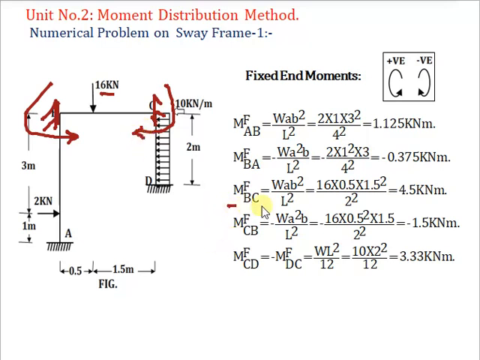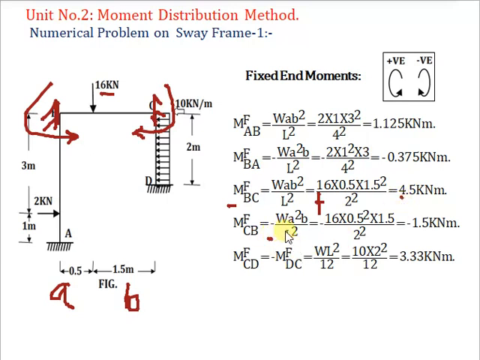So MFBC is equal to W a b square by L square. So a is 0.5 and b is 1.5 meter. So put the value. Anticlockwise moment is positive. So 16 into 0.5 into 1.5 square divided by 2 square is equal to 4.5 kN meter.